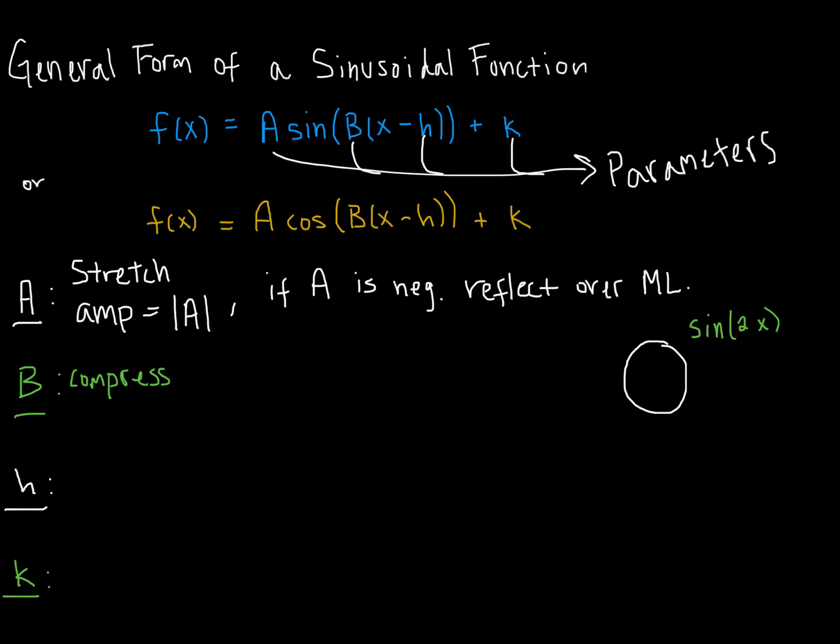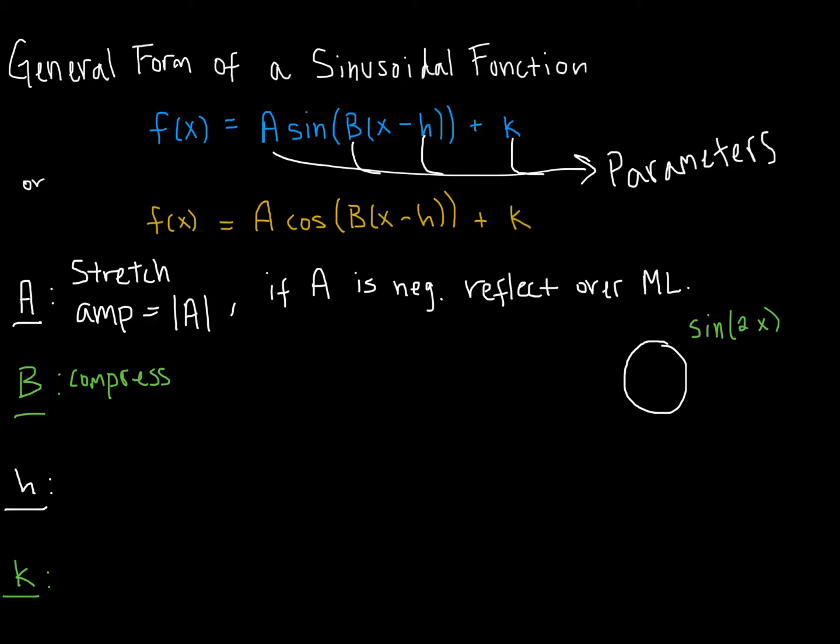And so what this does is it speeds up how fast you move around your circle. For example, to get all the way around the circle, instead of having 2 pi be your x value, it just needs to be pi, because 2 times pi is 2 pi. And so you're going to get all the way around your circle in half the time than you normally would. The bigger the b value, the smaller the period, right?